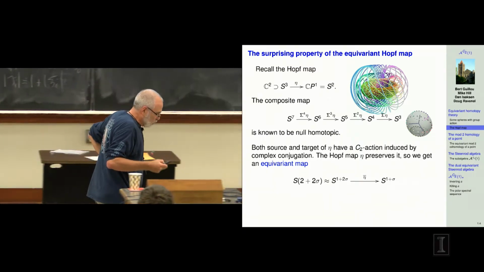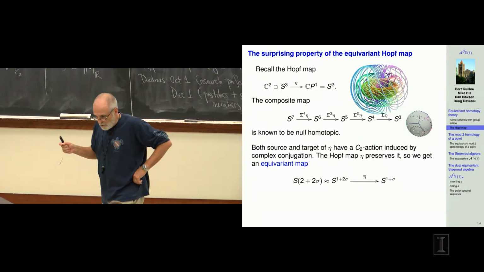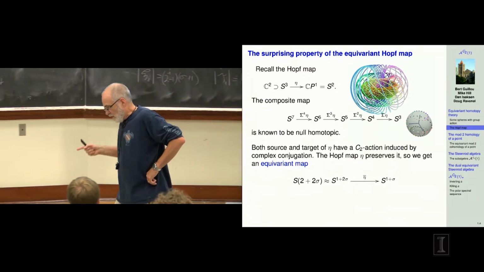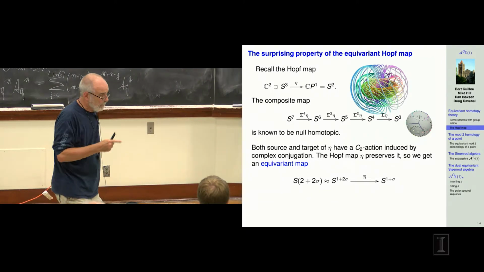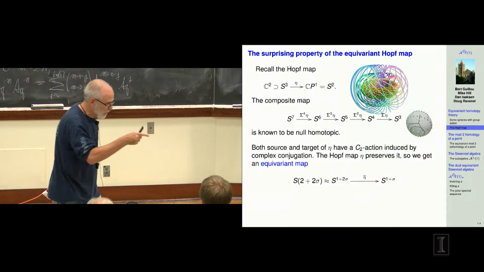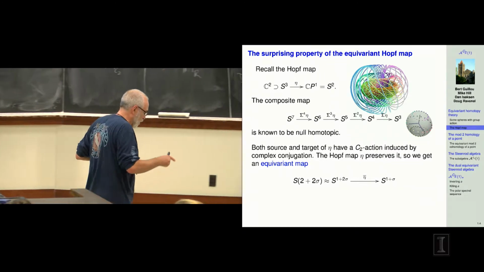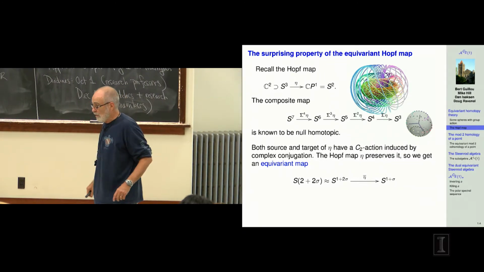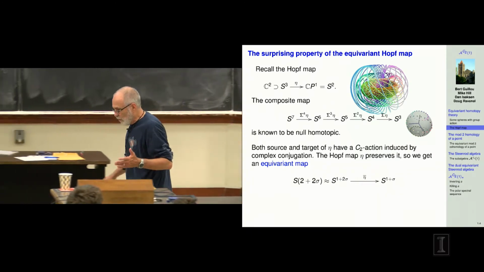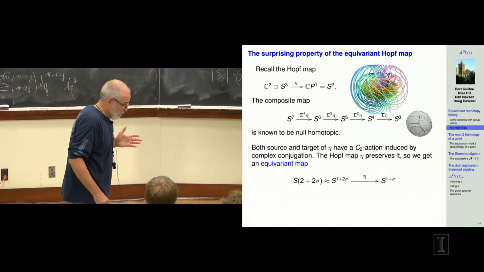Now, one of the main tools in equivariant homotopy theory is that if you've got an equivariant map between G spaces, then for every subgroup H of G, you automatically get a map from the set of points fixed by H in the domain to the corresponding space in the target. If you want to show something about the map, like whether it's null homotopic or a homotopy equivalence, it suffices to show that it has that property for all fixed point sets, for all subgroups.